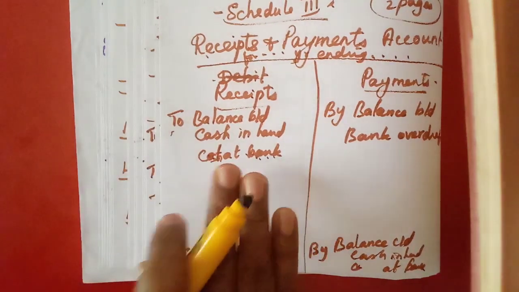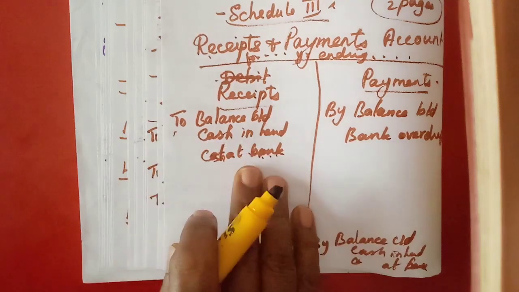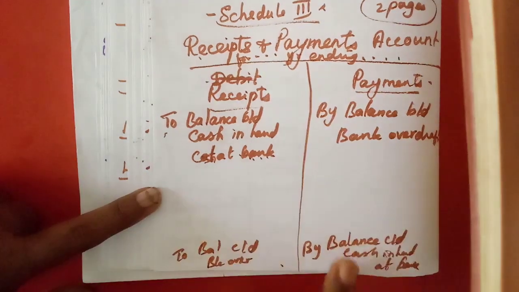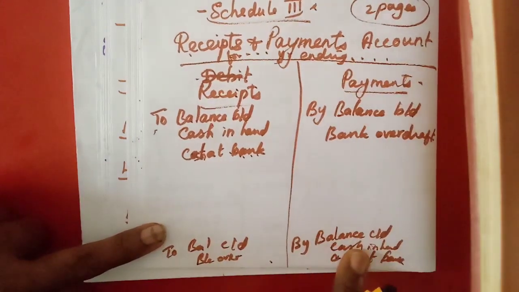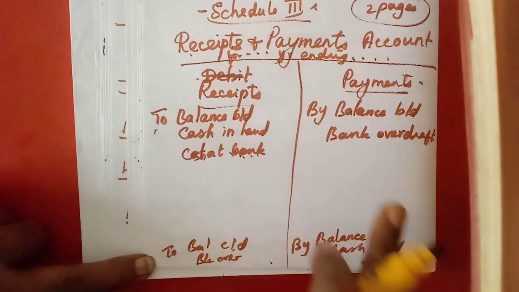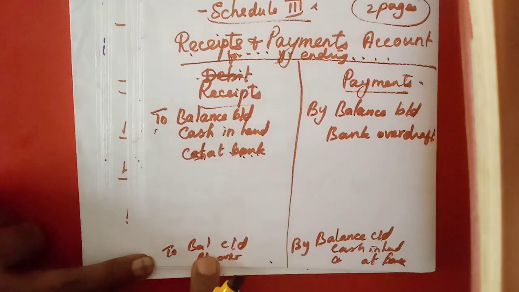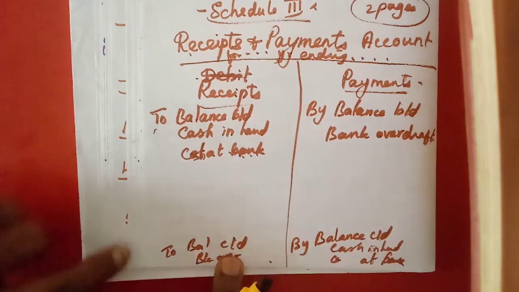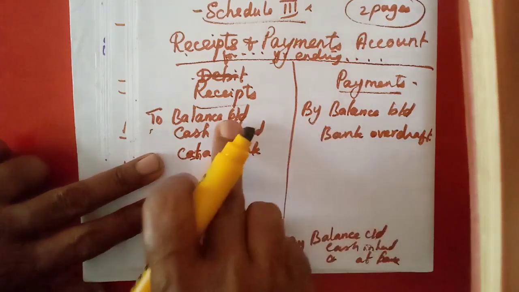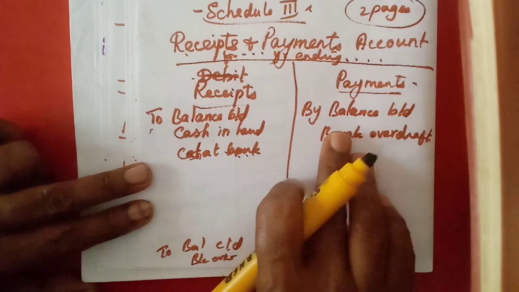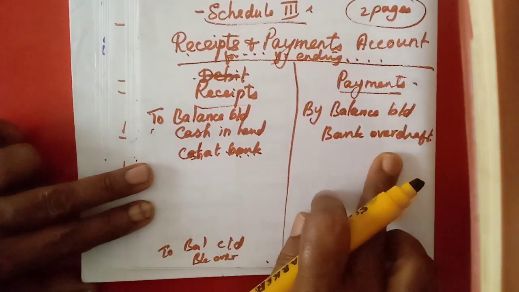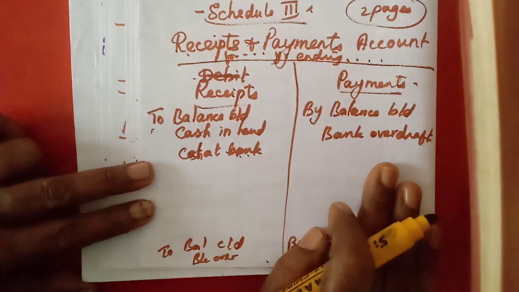So now it begins with the opening balance of cash in hand and cash at bank, favorable balance, and ends with closing cash in hand and cash at bank. If the payments are more, we will get the closing balance as bank overdraft. If bank overdraft is given as the opening balance, we should enter that on the right side, payment side, credit side, by balance brought down, bank overdraft.